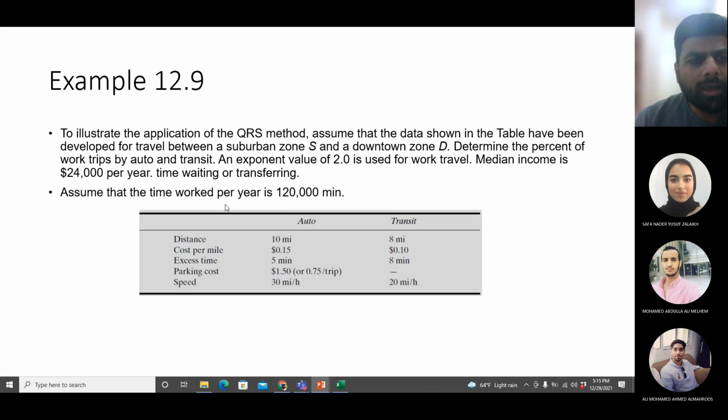Did I miss something here? Assume that the hours worked per year are 120,000 minutes. This will help us to calculate the impedance. Basically I need the impedance for auto and transit, and the B value is 2, I know that. So let us calculate the impedance factor.